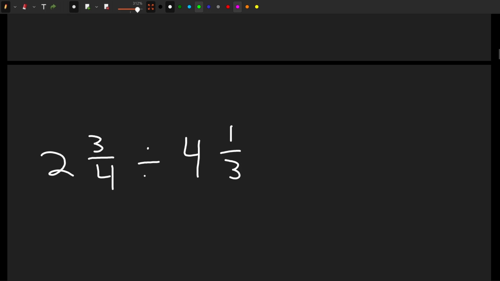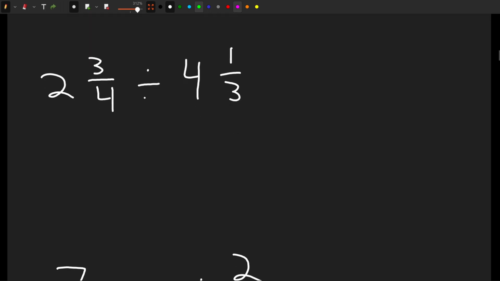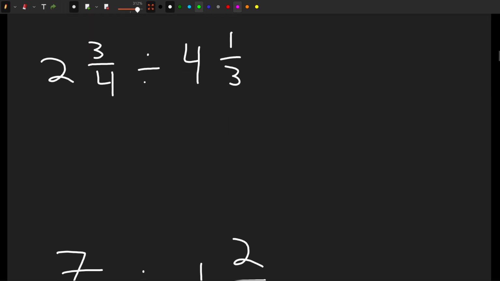Okay, on to the next problem. Here I'm going to do the same thing. We will first need to get these into improper fractions and then take the reciprocal afterwards. So 4 times 2 gets us to 8. Adding the 3 gets us to 11.